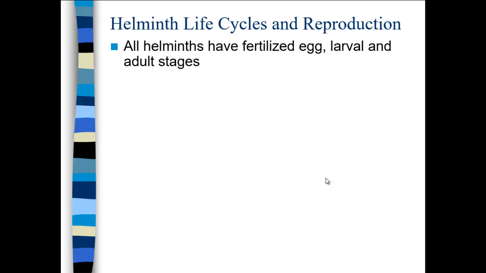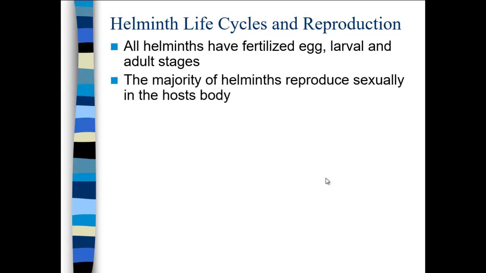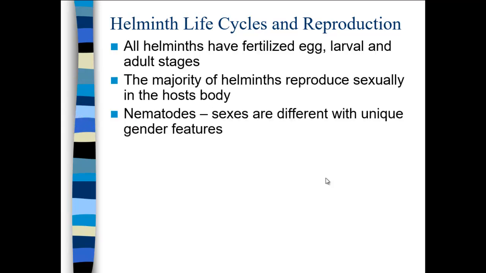Okay, and helminths are hatched from eggs. You know, they're very similar to humans. They have eggs. The eggs dwell outside of the helminth body, unlike humans. So they have egg, larval, and adult stages. And the majority of the helminths are sexually reproduced in the host body.